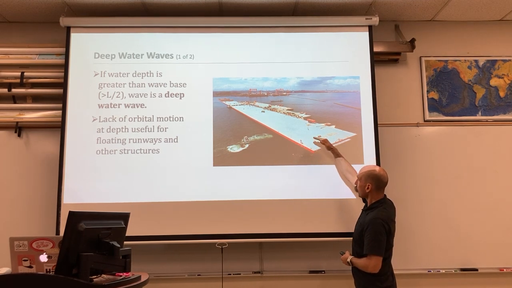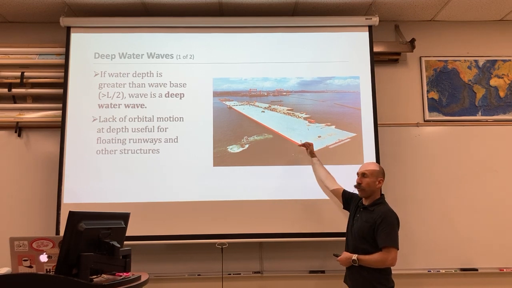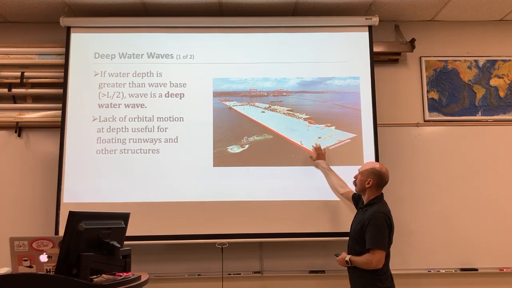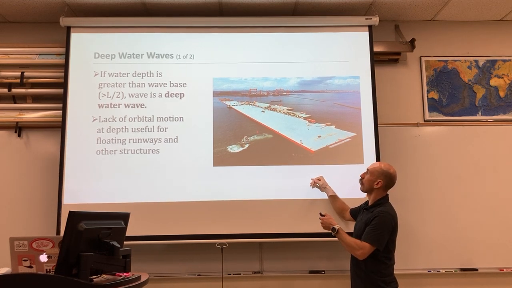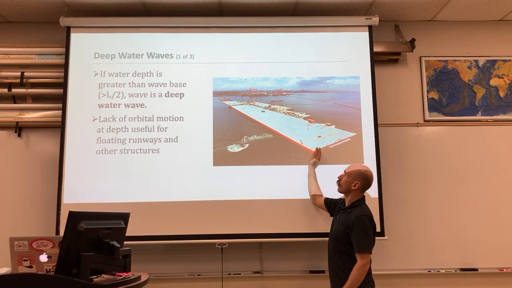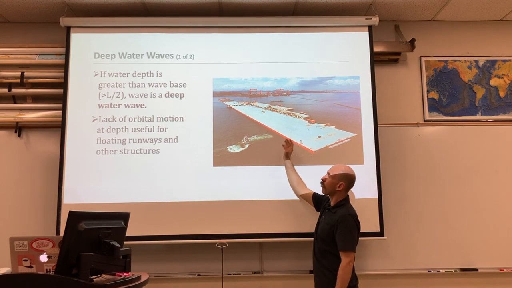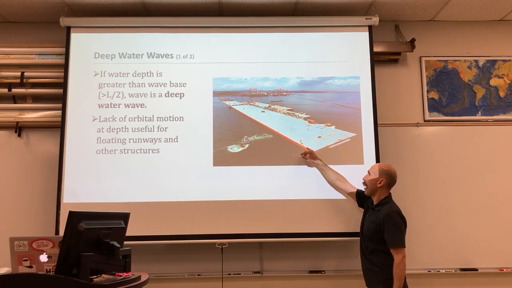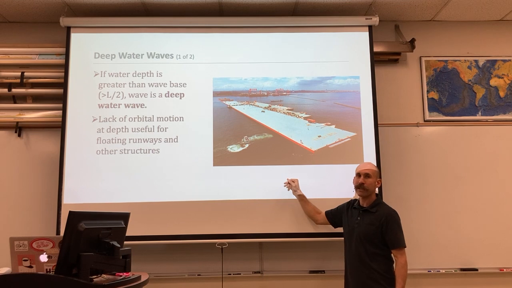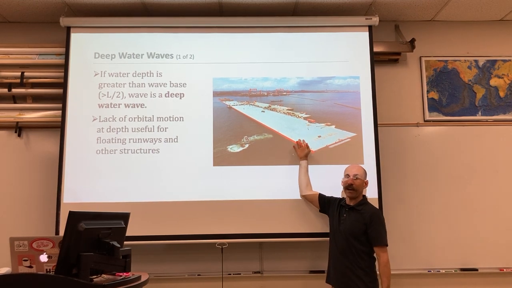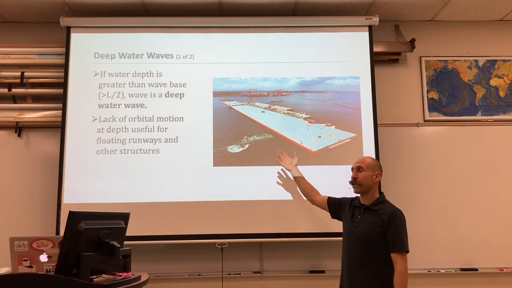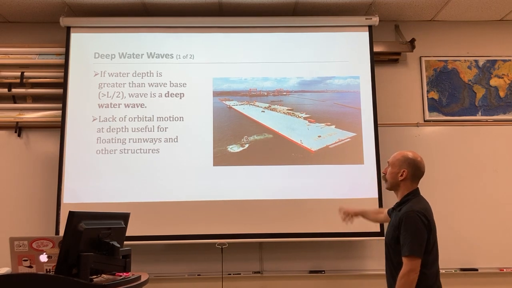We want the pylons, or whatever is connecting this, to be rooted deep enough so that the deep water waves don't affect it. Here is the world's largest floating runway in Japan. It has pontoons that are a base deeper than the deep water waves will be able to reach, thus keeping it relatively stable.